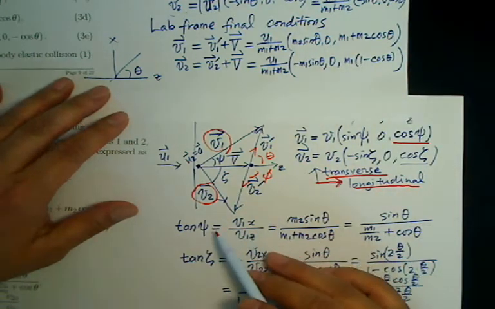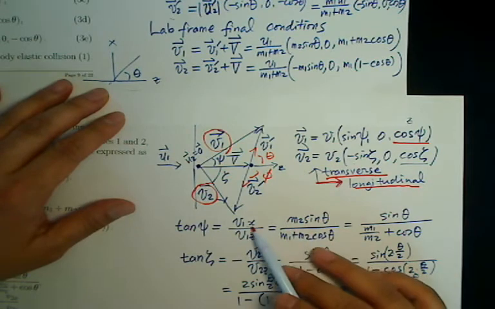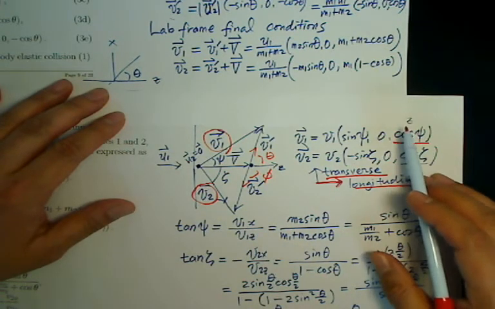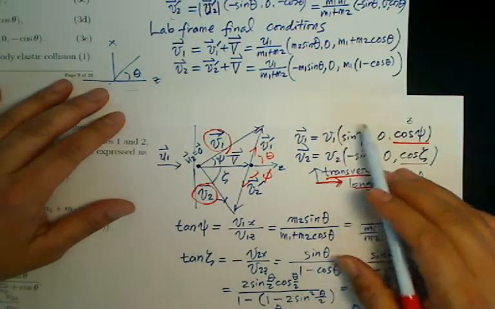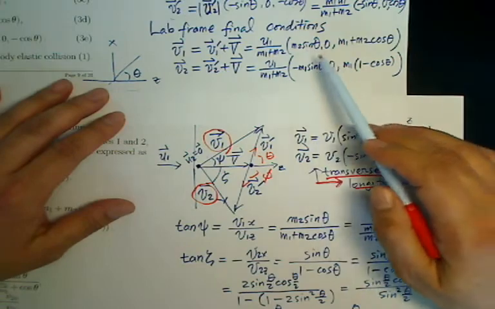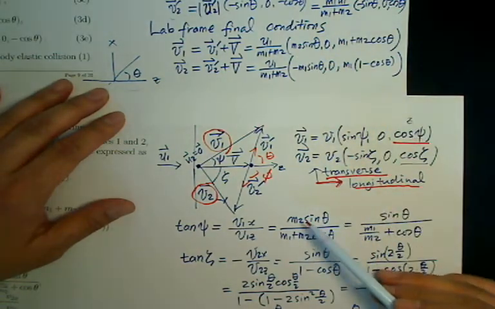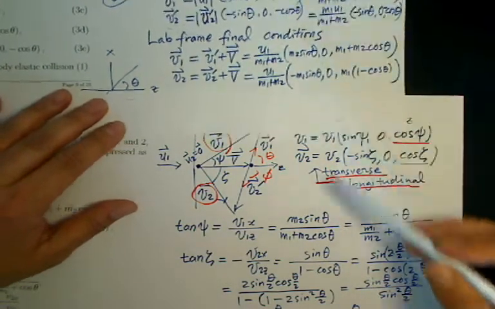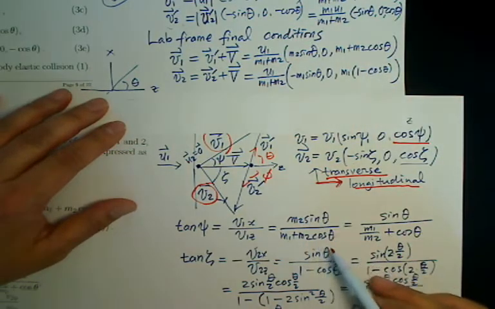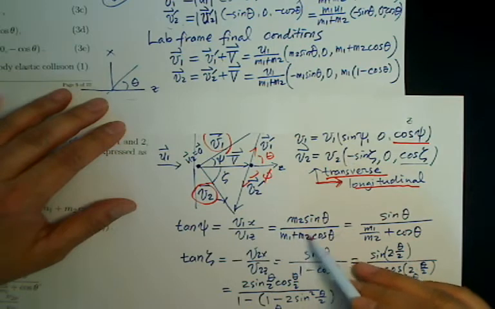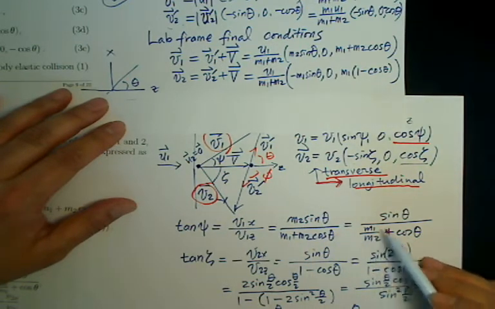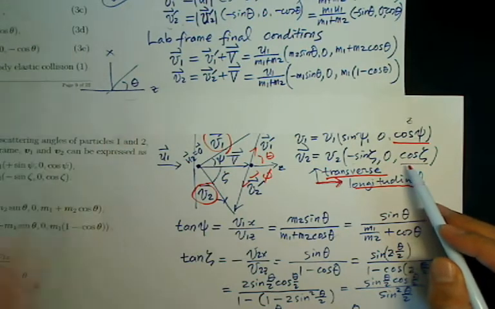Therefore, we have V1x over V1z: m2 sine theta over m1 plus m2 cosine theta. We took the ratio, so m2 cancels here, and m1 over m2 appears.